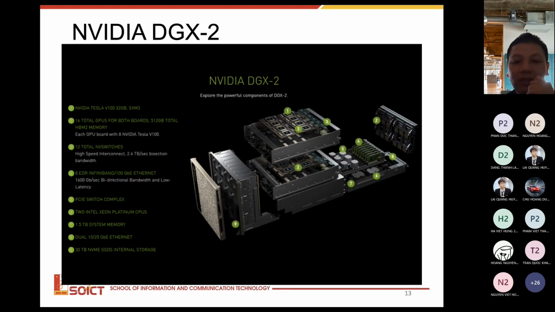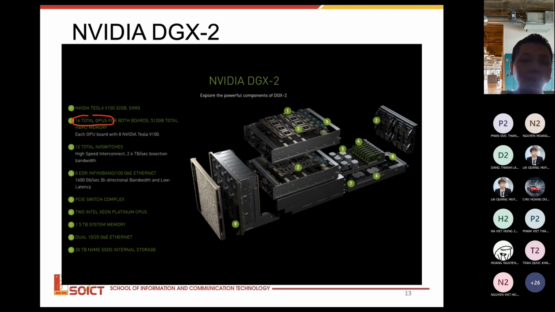Okay. So here, the nice thing about the NVIDIA DGX server is that it is a special server computer. You have 16 GPUs in total, right? It's a lot. A normal computer has 1 or 2 GPUs, but this one has 16.